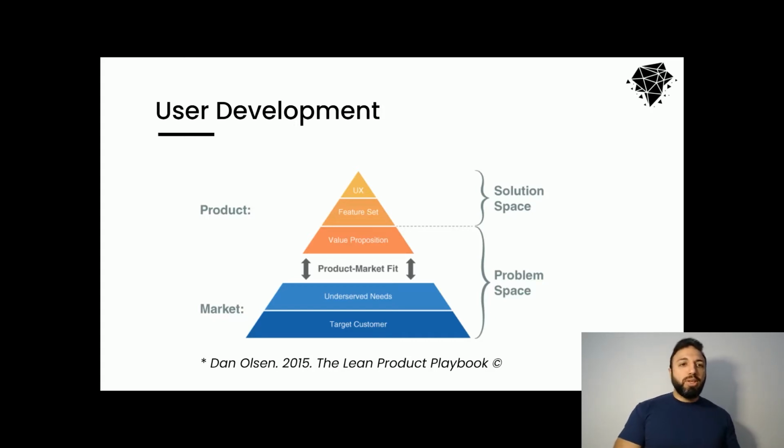So the user development, and here I use the amazing diagram from the Lean Product Playbook by Dan Olsen, 2015 book. This book is amazing. I love that book. I had a lot of good experience with it, and I learned a lot from Dan in this particular book of his.